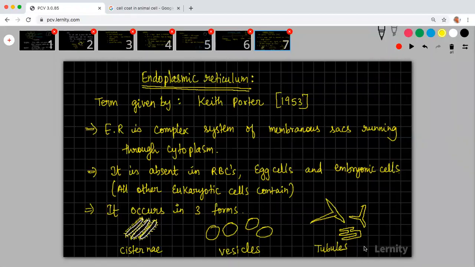So this is how these three things will be there. The cisternae are elongated. Vesicles are round, spherical or ovoid structures. The tubules are branched structures which are irregular. These are all various forms of endoplasmic reticulum.